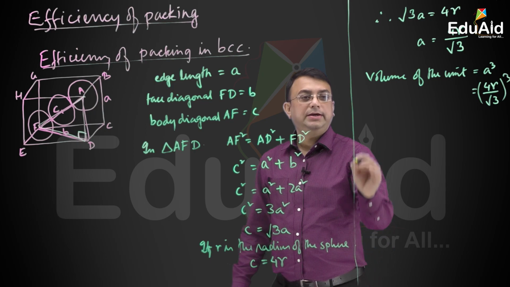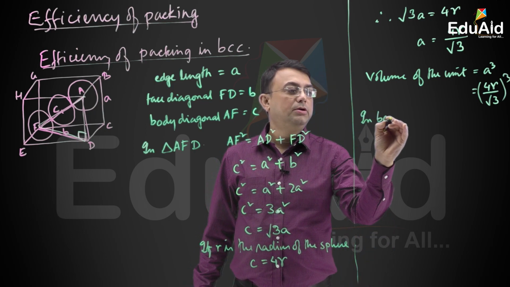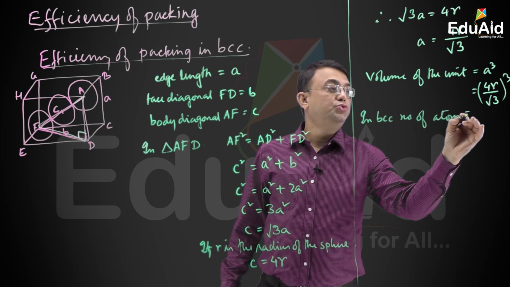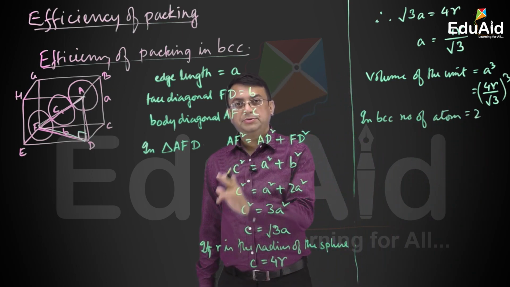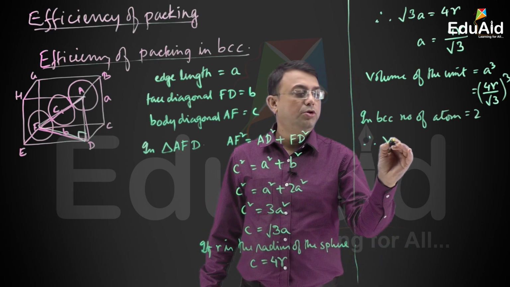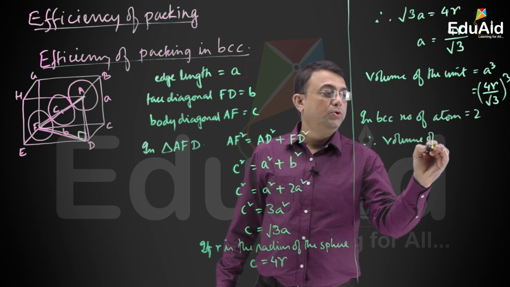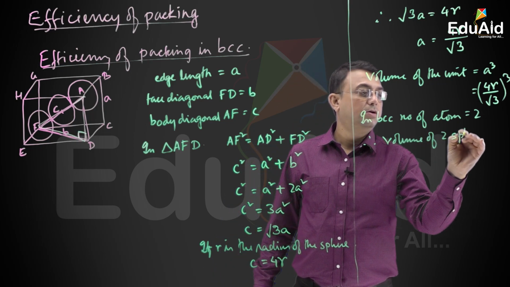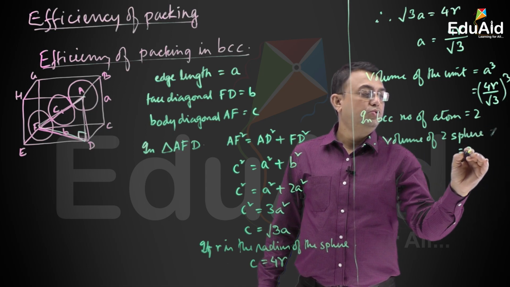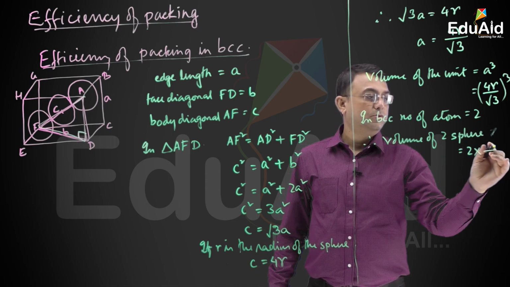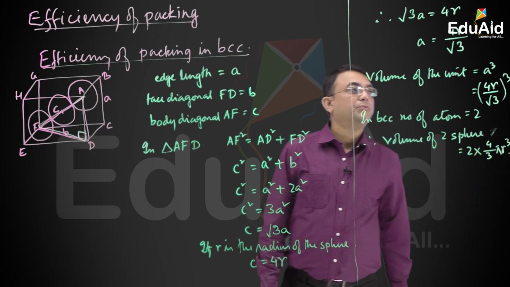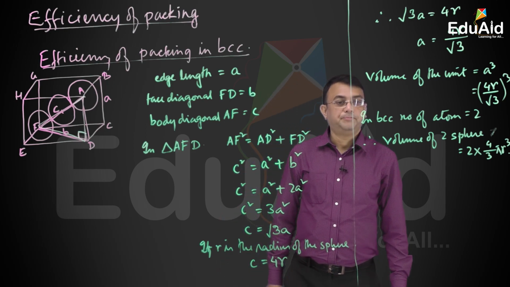And in BCC, the number of atoms equals 2. FCC has 4, BCC has 2. Therefore, the volume of 2 spheres is 2 into 4 by 3 pi r cube.